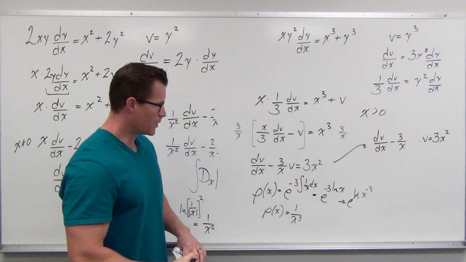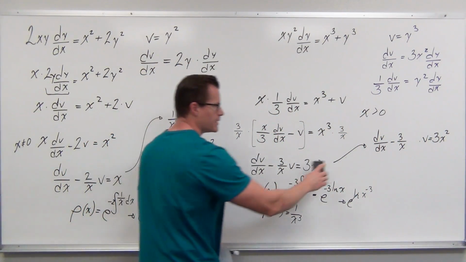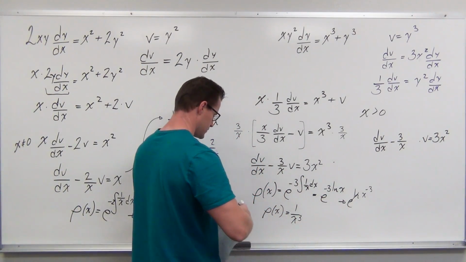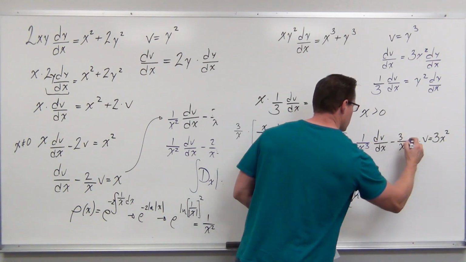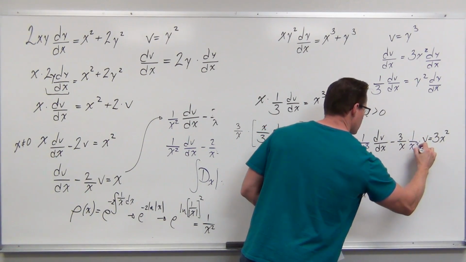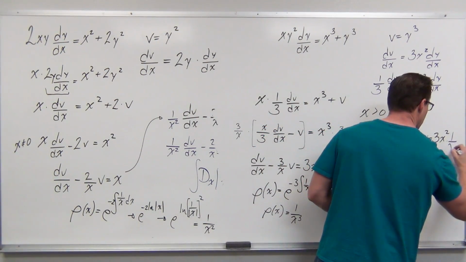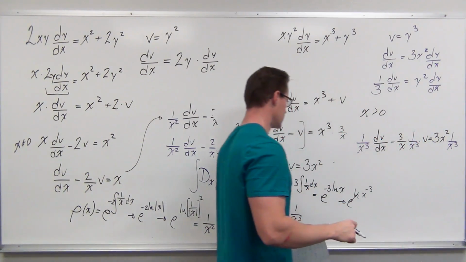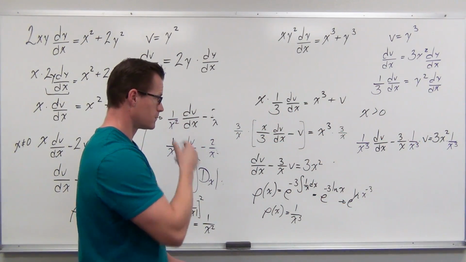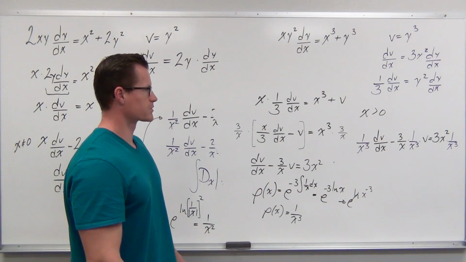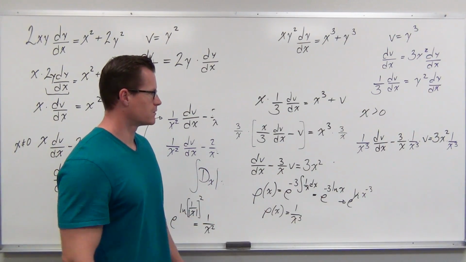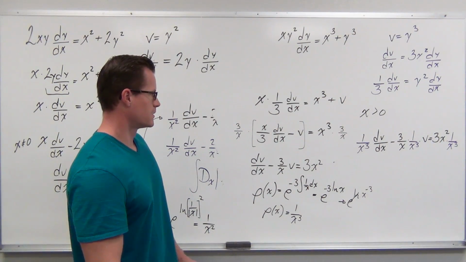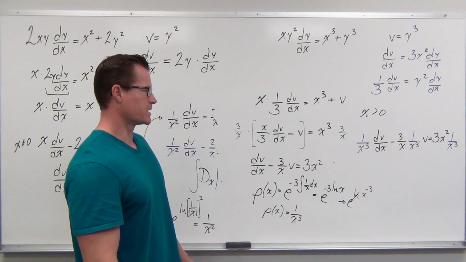So multiply both sides, every term's going to get it. Oh man, I was wrong. We're going to get absolute value of x. Good thing I had that greater than 0. Now we can start maybe simplifying, probably get ln though.